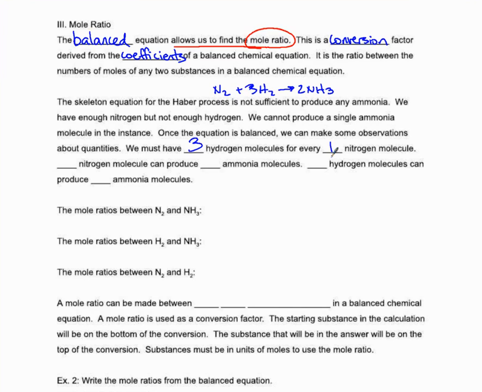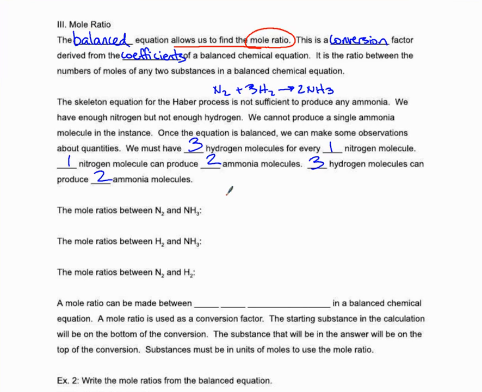If you look at the coefficients, 1 nitrogen molecule could produce 2 ammonia molecules. 3 hydrogen molecules are required to produce 2 ammonias. And so these are all based on the coefficients. So we're going to write some sample mole ratios. So here are some mole ratios between nitrogen and ammonia.